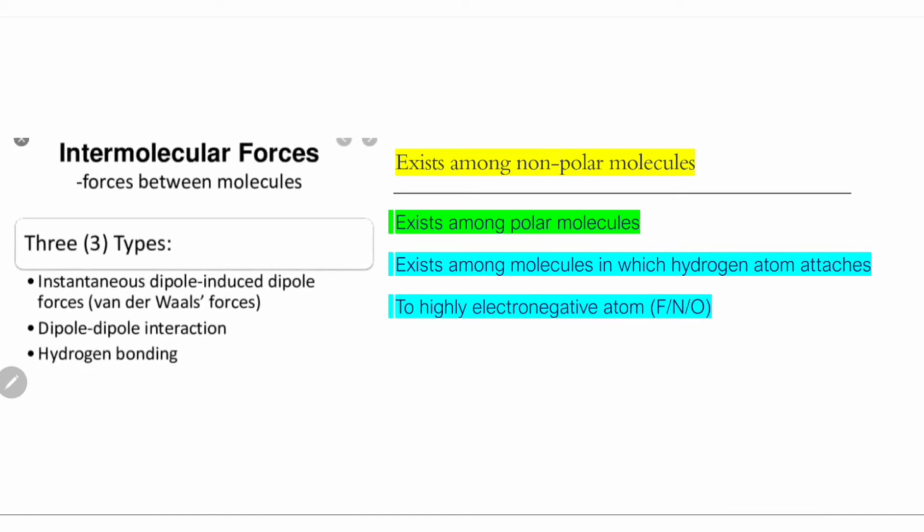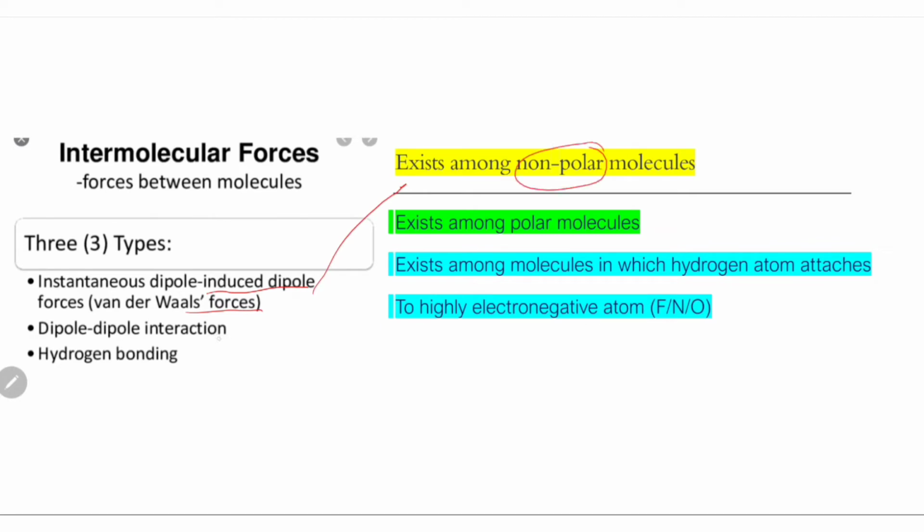There are three types of intermolecular forces. The first is instantaneous dipole-induced dipole, or we say van der Waals forces. The second one is dipole-dipole interaction, and the third one is hydrogen bonding. The instantaneous dipole-induced dipole exists among non-polar molecules.